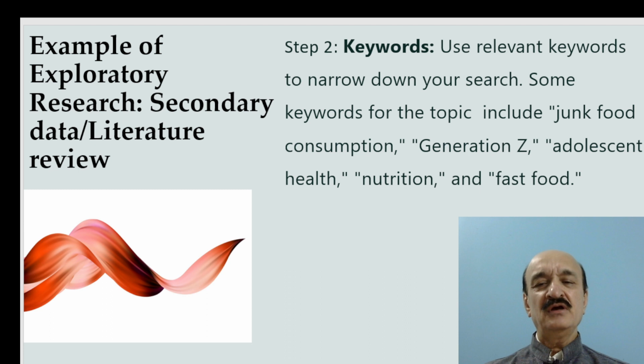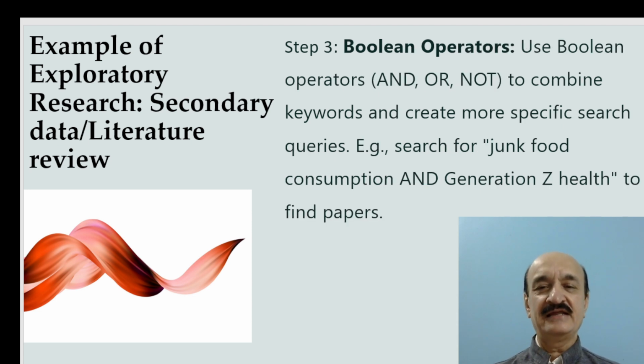And therefore, some keywords for the topic can include junk food consumption, Gen Z, then nutrition, fast food, etc. Now, when these keywords are searched, you will get the relevant research papers on the said topic, which will be extremely useful for you to do your literature review or secondary data analysis.